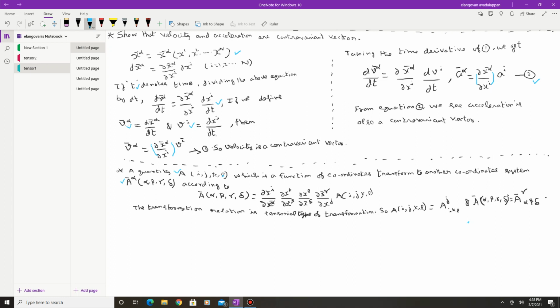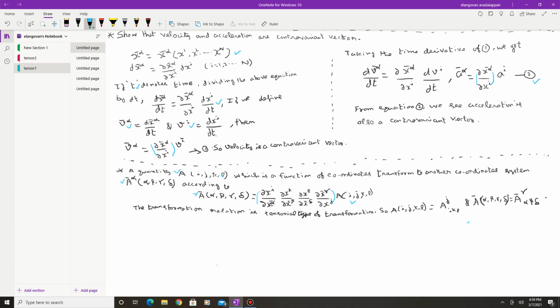Now the transformation relation between the unbarred and the barred coordinate systems is given like this. From this you can find the type of the vector. Here i, k, l are the unbarred coordinates and alpha, beta and delta are the bar coordinates.